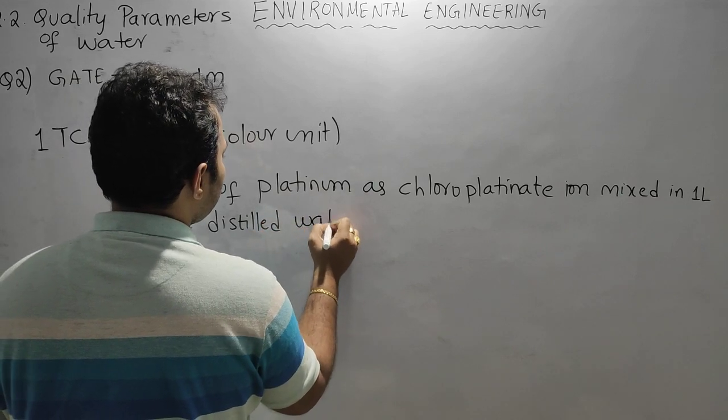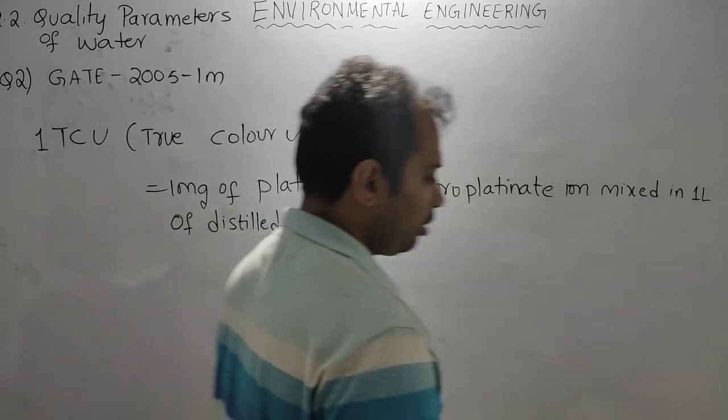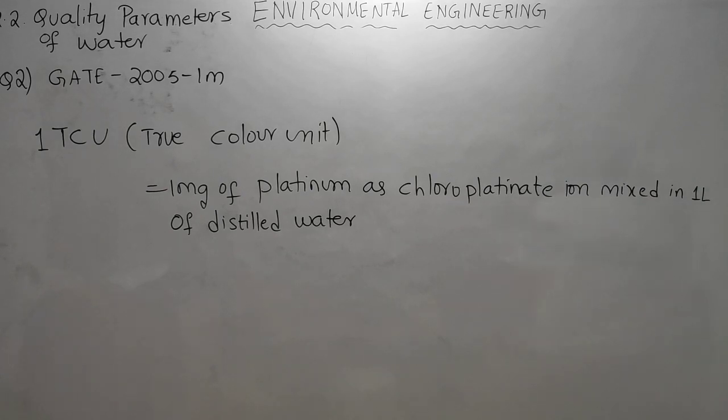That is nothing but 1 true color unit. So 1 milligram of platinum as chloroplatinate ion is mixed in 1 liter of distilled water. Okay, so that is 1 TCU. That is question number 2.